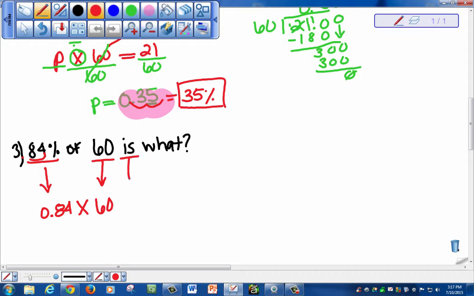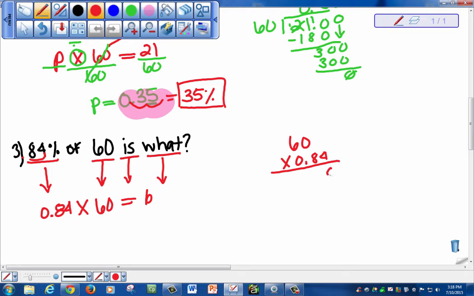We know is equals, and "what" is just any letter. In this case, I'm going to choose a B. Now we're going to multiply 0.84 times 60. I'm going to do it right here on the side.